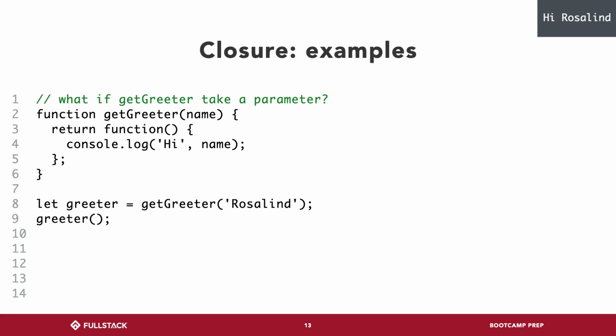This function wasn't written to take in arguments. There is no parameter, okay? So if you pass in Rosalind to here, it's still going to say hi name. What was name? Name was undefined because we didn't pass anything in here. Like you said, return function name. If there was a name in here, then you would pass Rosalind in here, and that's what you would get.